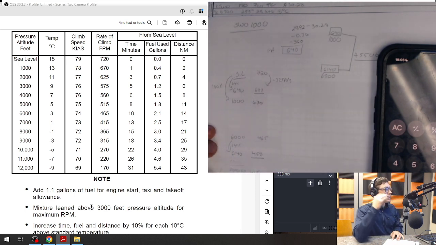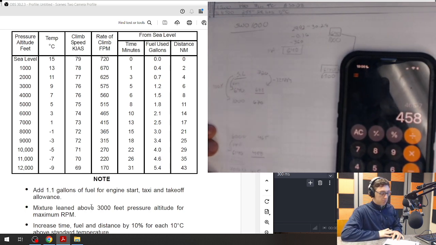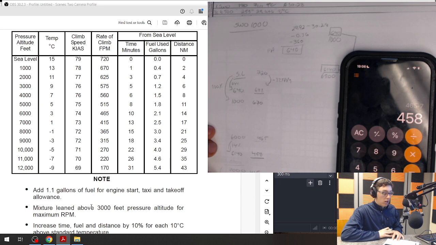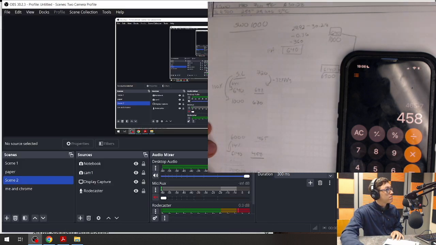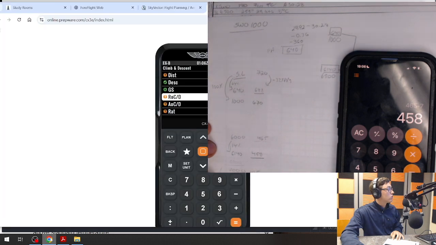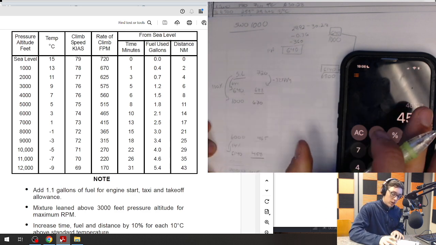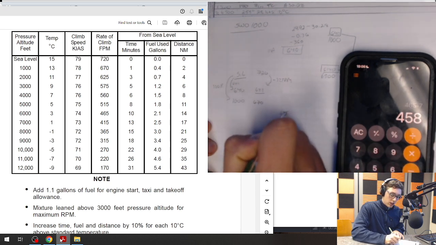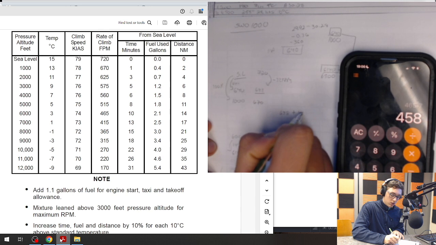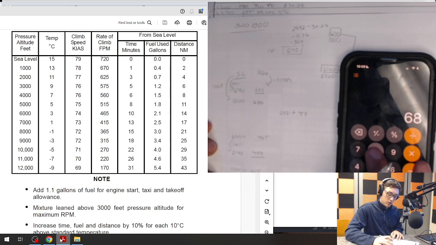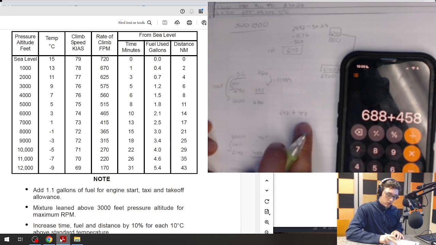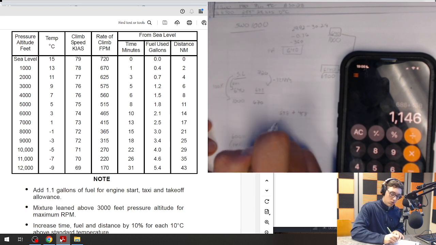Now, as I climb up, we're going to take the average of what I'm climbing. So what I'll be doing is 688 plus 458 equals 1,146 feet per minute.